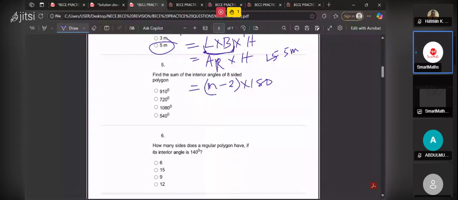You see, this n minus 2 is the number of triangles we have in the polygon. So n is the number of sides, that will be n minus 2, then times 180.